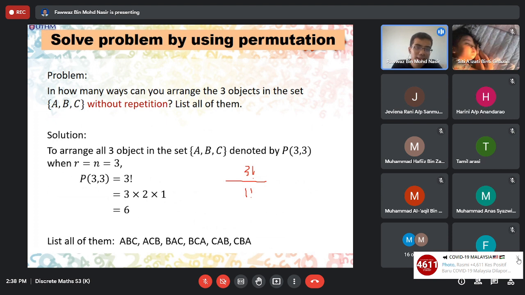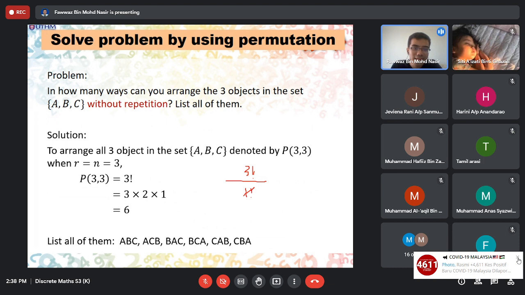So you still get 3 factorial, because anything divided by 1 gives the value on top.